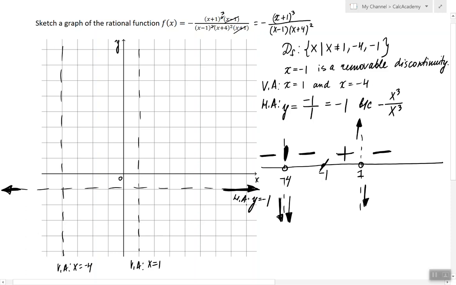So if we copy this behavior on the graph, we just copy it. At 1 we have positive infinity here, negative infinity here.